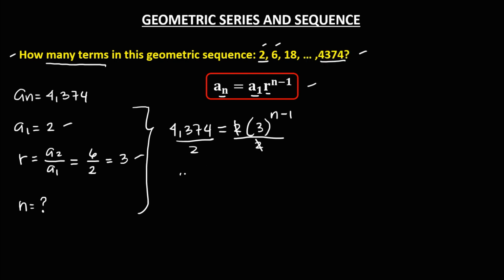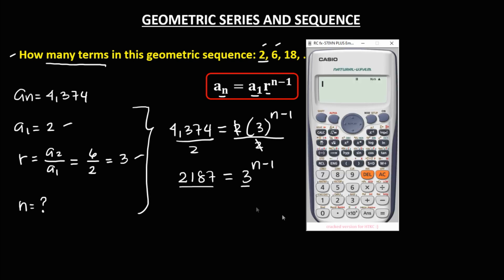So 2,187 equals 3 to the power n minus 1. Then to solve for n, we need to rewrite this 2,187 with base 3. So it's a trial and error.